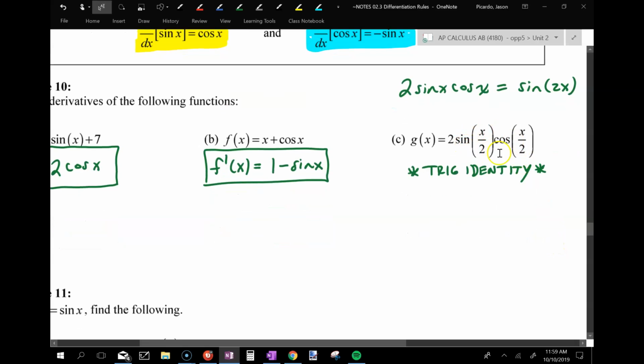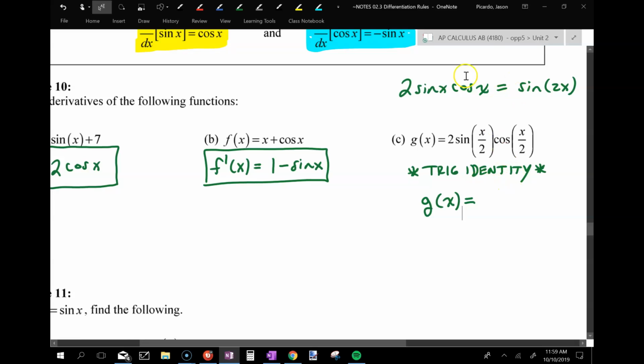So the way that I'm going to rewrite this, guys, is g of x equals, well, I have 2 sine of x over 2 cosine of x over 2. Looks just like this, right? Except I don't have an x, I have an x over 2.